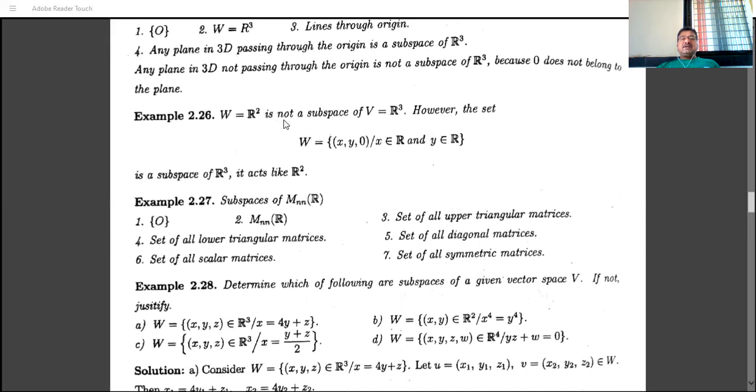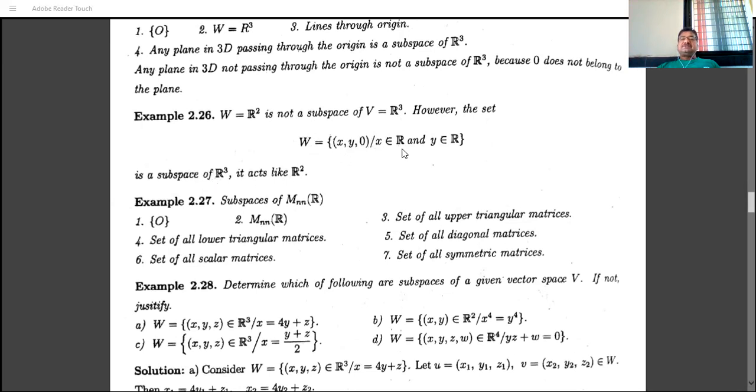R square is not a subspace of R3, obviously, because R square is not a subset of R raised to 3. However, the set W equal to x, y, 0, where x and y belong to R, is again the set of 3-tuples whose z coordinate is 0, and it is a subspace of R3. It acts like R2.